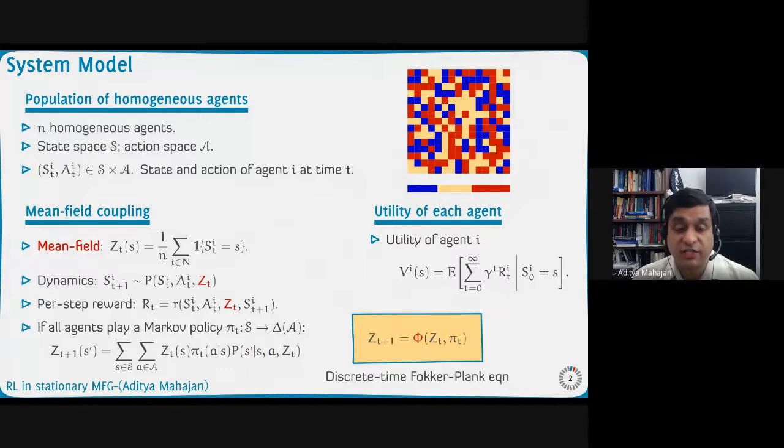This is effectively the discrete time Fokker-Planck equation, and I'll be using this quite often, so I'll just follow the notation saying that when players at time t follow strategy pi_t, then the mean field at the next time step is a function phi of the current mean field and that policy.